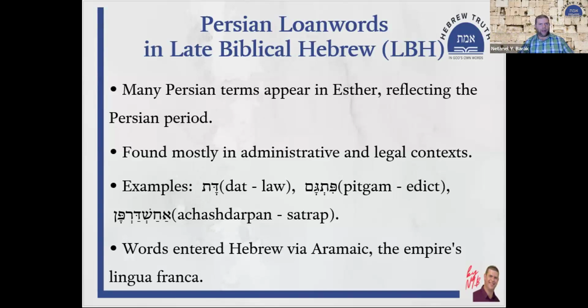So unlike Aramaic, which has a connection to Hebrew throughout the biblical period, from a very early age all the way to the latest age, and we can find Aramaic influence in different chronolects of biblical Hebrew, when we talk about Persian words, that almost automatically gives us a timestamp. You see a Persian word, okay, that's already late.